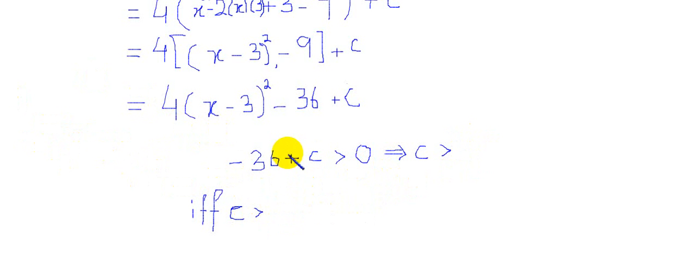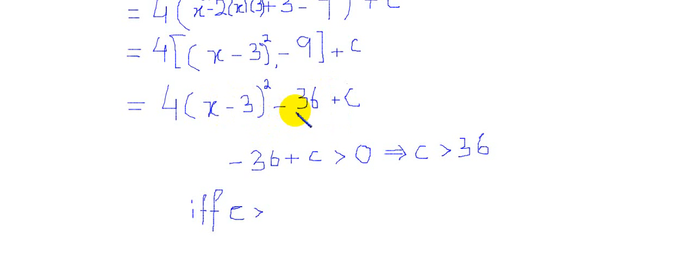Okay, so if negative 36 plus c is greater than 0, then this means that c is greater than 36. This gives us a result greater than 0, a positive number, if c is greater than 36. So if c is less than 36, then adding it to the negative number 36 will result in a negative number. So then there is no chance that this expression is positive for all values of x.